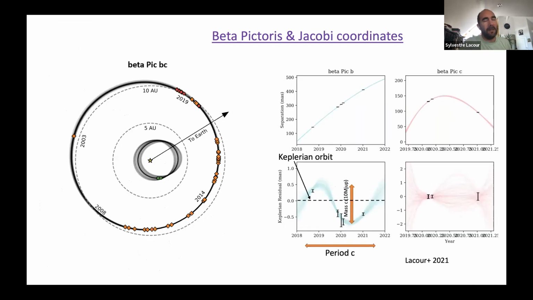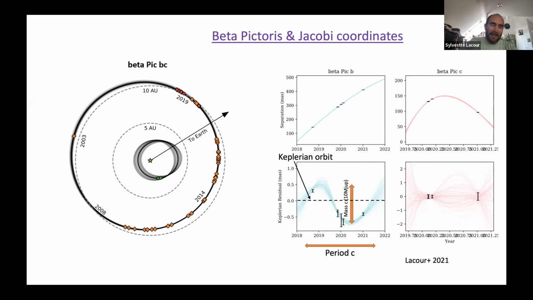And if the two planets are in resonance, the question was also, could we see the effect of one planet on the other? You know that 150 years, 170 years ago, Le Verrier found Neptune from the trajectory of Uranus, and we wanted to do something similar.